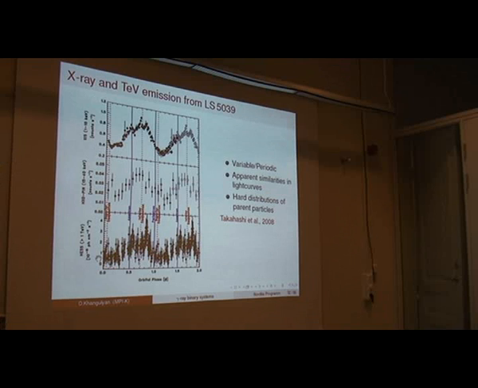Both signals are periodic, and there are many apparent similarities, like some kind of bumps near the periastron, and here's some kind of bump as well. Interestingly, both spectra are quite hard.